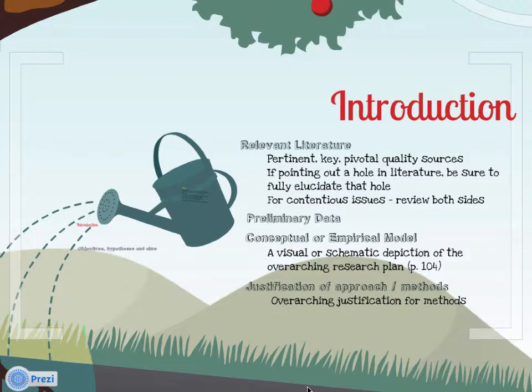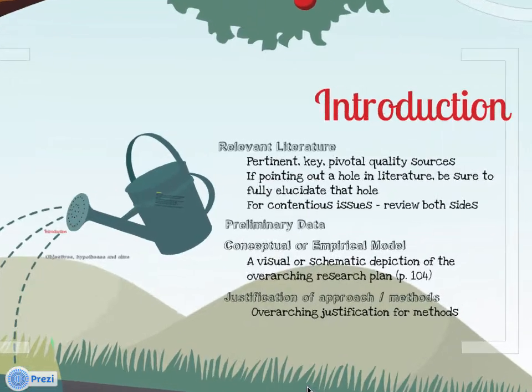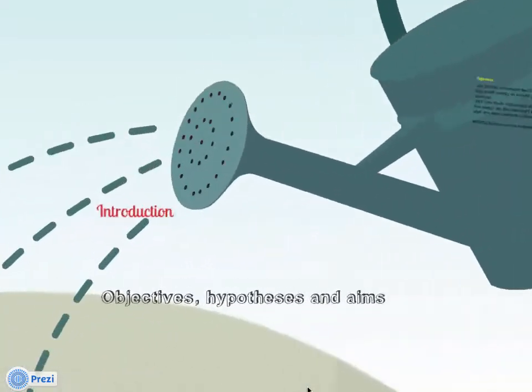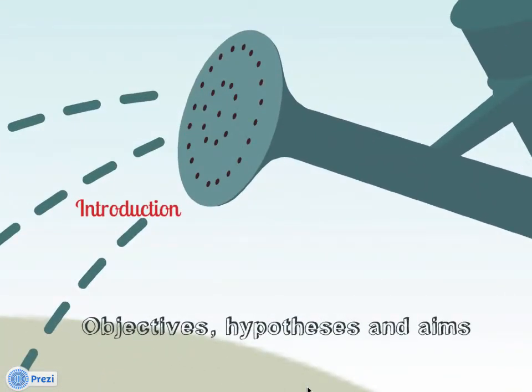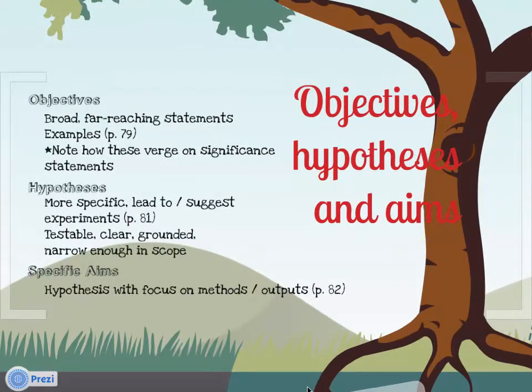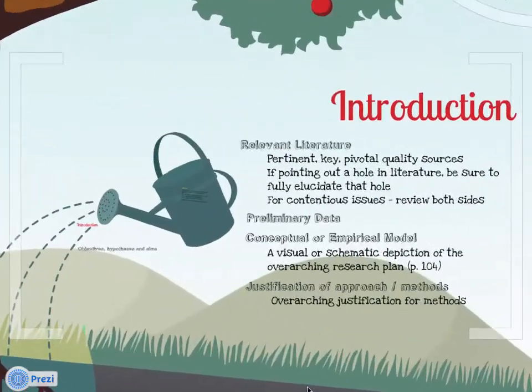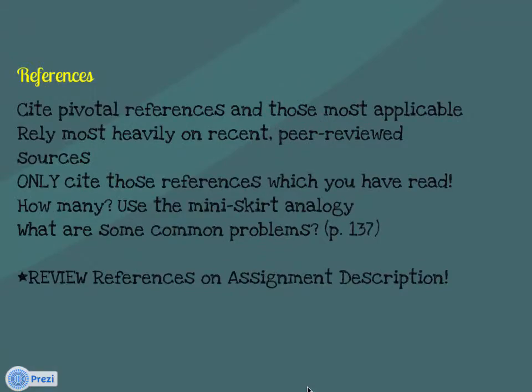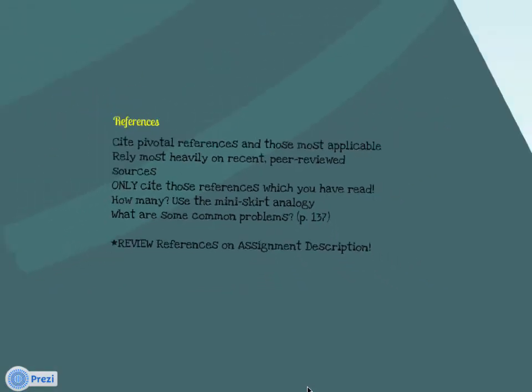That's the water for the tree, and you already practiced writing those references up, in terms of your nascent but beginning list of references. We then wrote objectives, hypotheses, and aims, talking about how your introduction funnels you to those statements, and spent a little more time on formatting of references. So this is all the water for that tree.